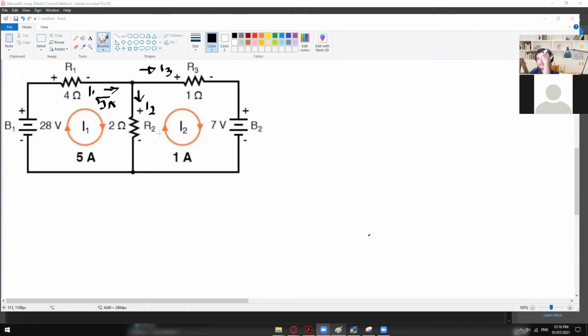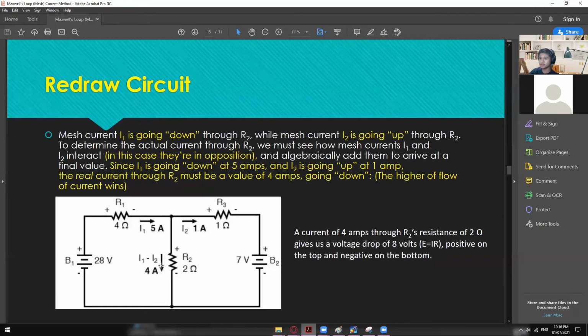There is just a correction again. I've just noticed that the I2 was actually flowing in here, on the R3 part, and the one that we assume as the I3 is the one that is flowing on the R2. Going in here, as you guys can see, I sub 2 is flowing on the R3.